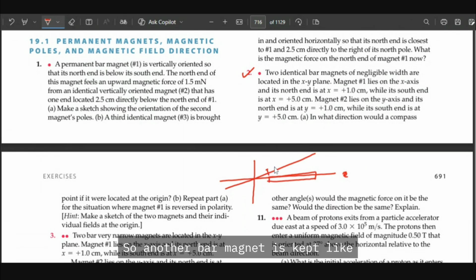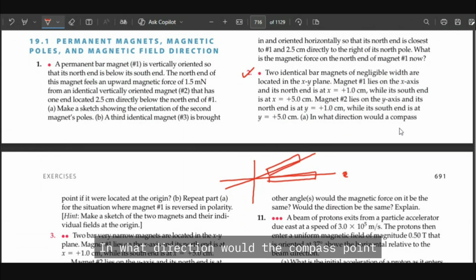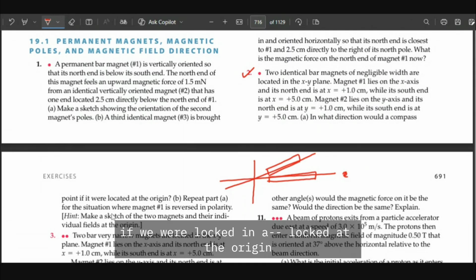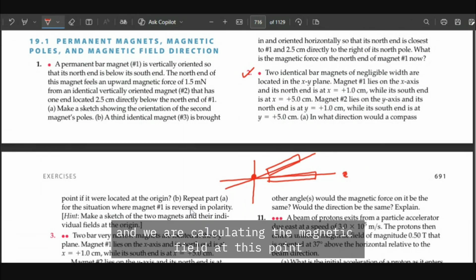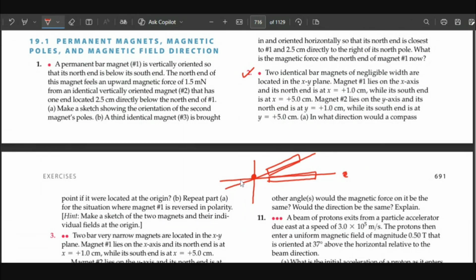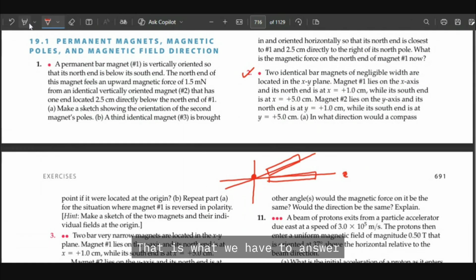So another bar magnet is kept like that on the y-axis. In what direction would the compass point if we looked at the origin? So if the bar magnets are placed this way, and we are calculating the magnetic field at this point, how will it show the magnetic field lines? That is what we have to answer.